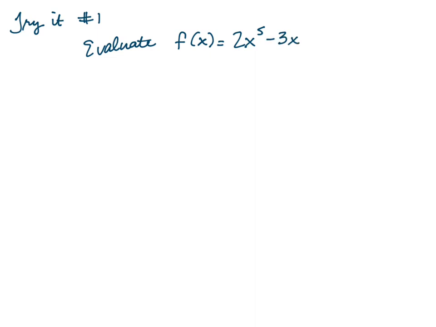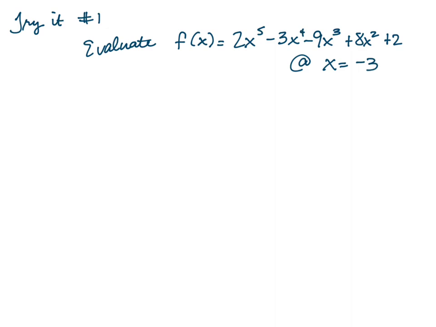Try it number 1. And it says evaluate f of x equals 2x to the 5th minus 3x to the 4th minus 9x cubed plus 8x squared plus 2 at x equals -3.